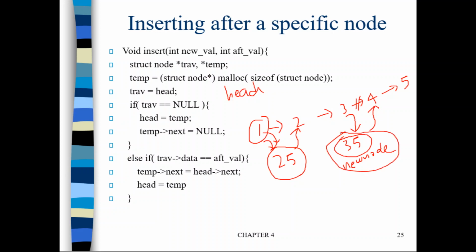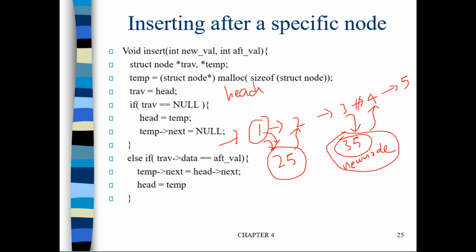So there are three cases we have to code separately. One is inserting at the beginning. If the entire list is empty, the logic for insertion is just to make head point to the new node, and the new node's next is null.